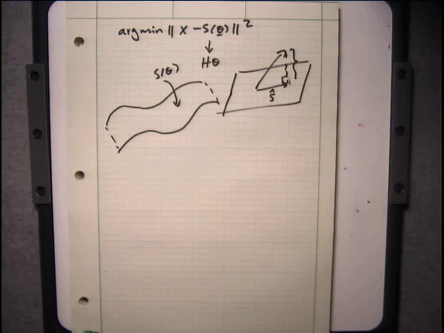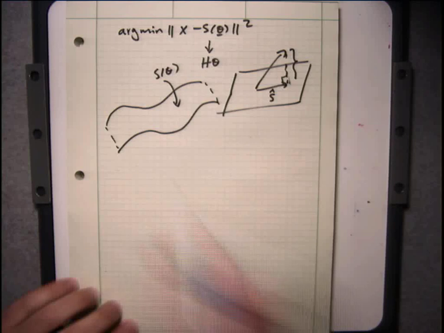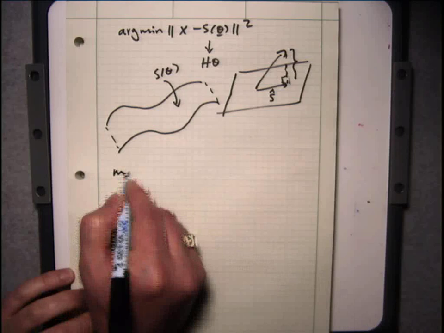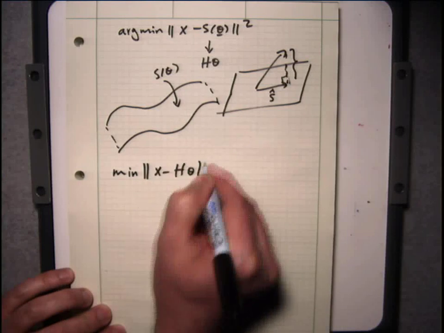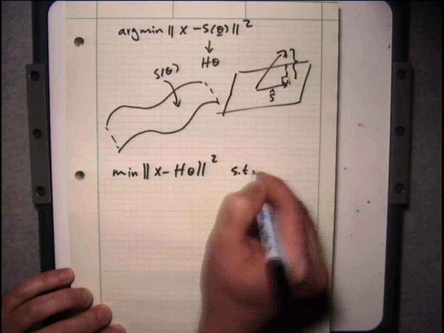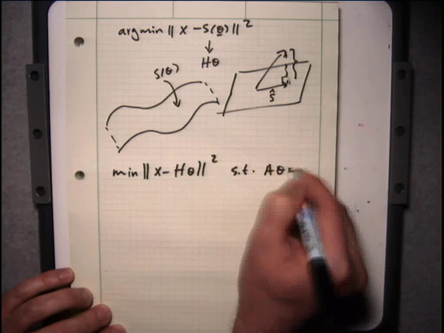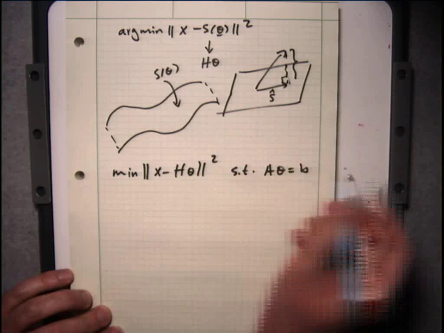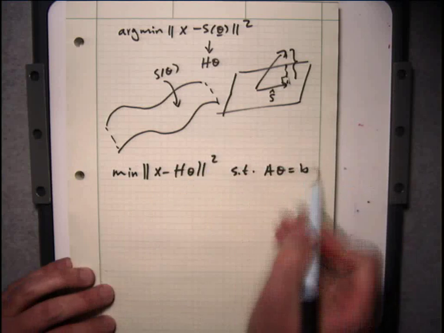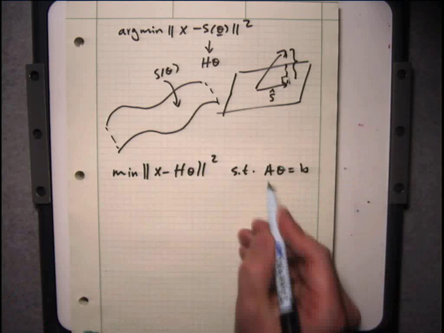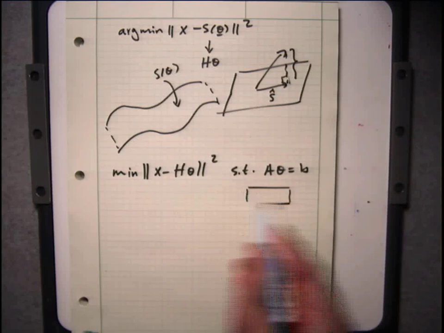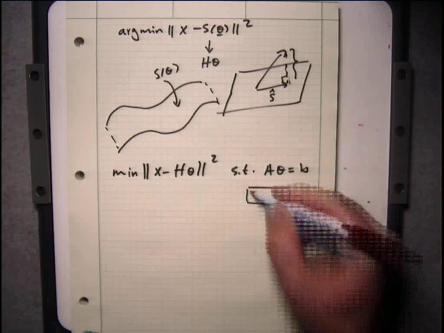Okay, constrained least squares. I'm not going to go over the details, but the idea being that what you're going to minimize is x minus H theta, this is for the linear case, subject to some constraint A theta equals b. And the idea here was that A theta equals b has to be a small set of constraints. In other words, this A has to be kind of a matrix that's broad and thin.